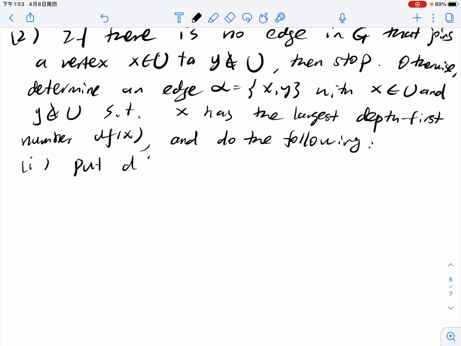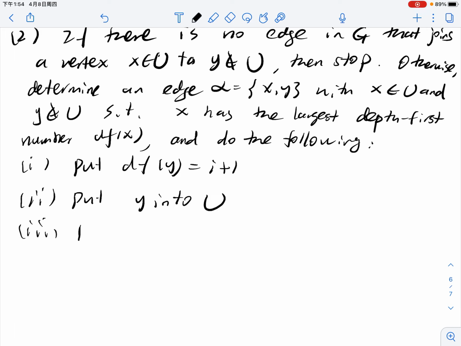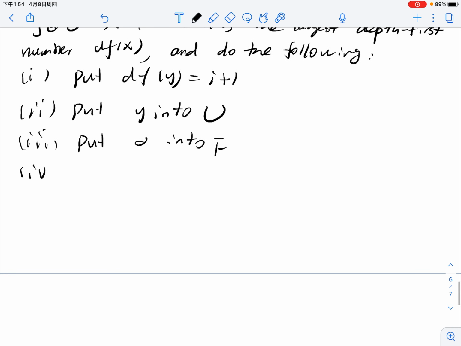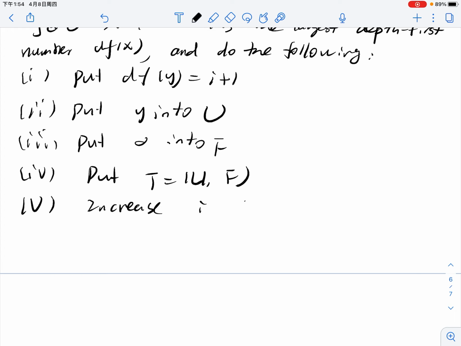Put dfy equal to i plus 1, increase i by 1, and put y into U. Put alpha into F, and put T equal to (U, F). Then increase i by 1 and go back to 2.